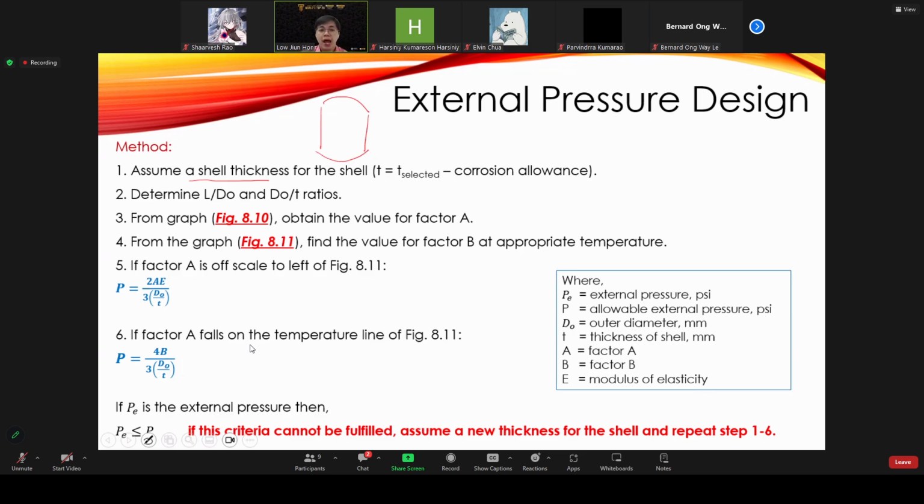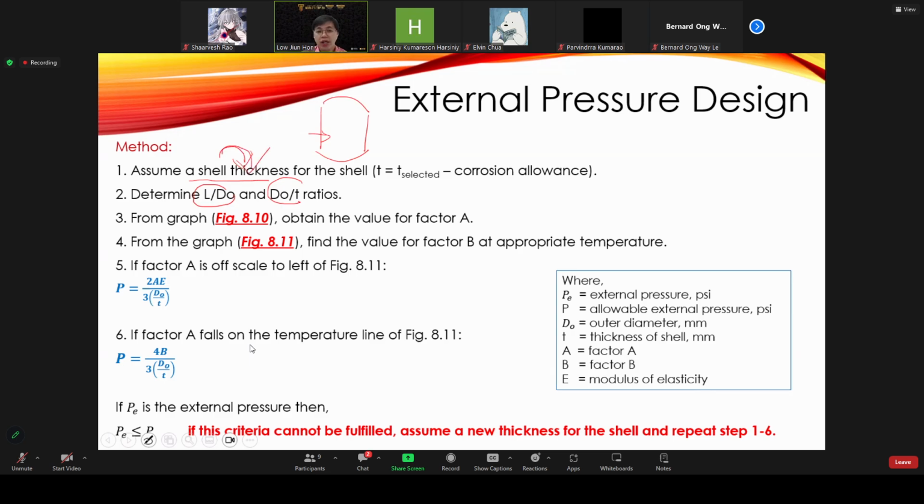Based on the assumed thickness of the shell, you need to calculate the ratios here. The first is the length to outer diameter ratio. The second is the outer diameter to thickness ratio of the pressure vessel. Both ratios are calculated based on the assumed thickness.